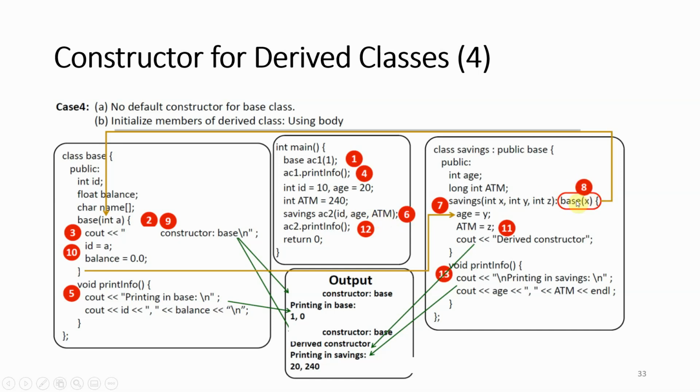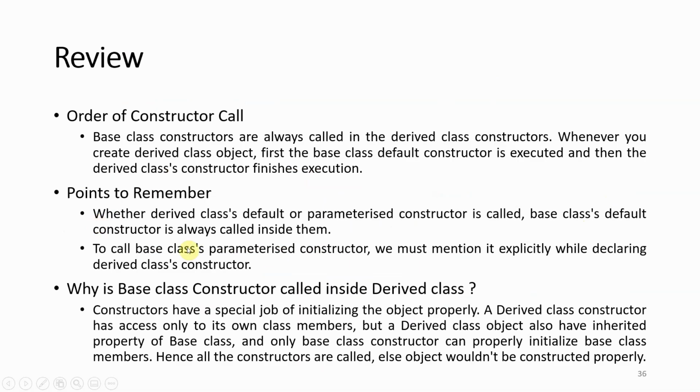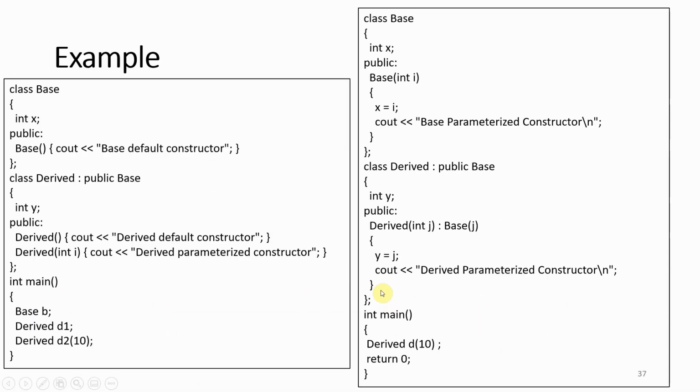If you don't have this one, it's going to call the default constructor of the base, unless you have an explicit non-default constructor call here. Like always, the default constructor from base would be called. And basically, this shows that you have to explicitly do that in the initialization list. We already talked about the reason why the base class constructor is called inside the derived class.